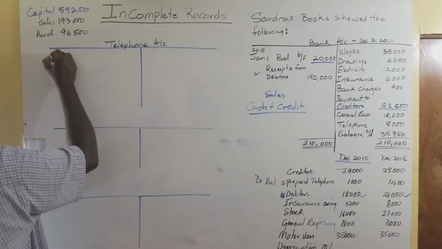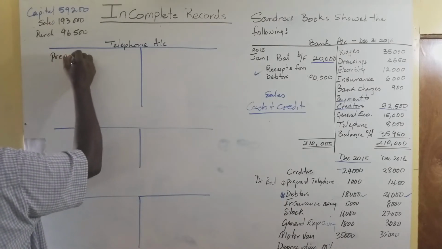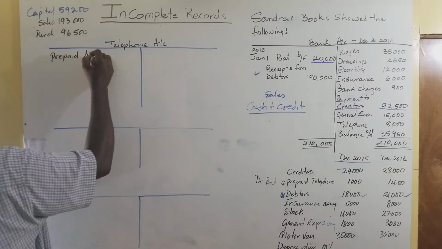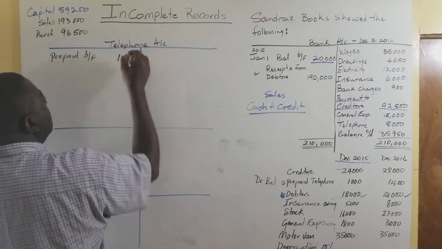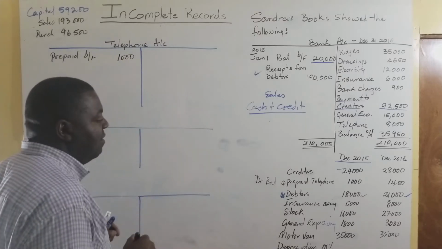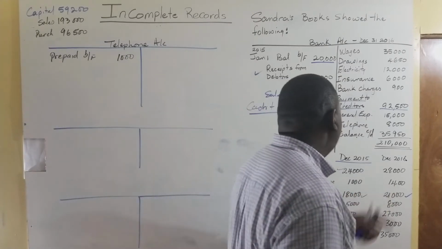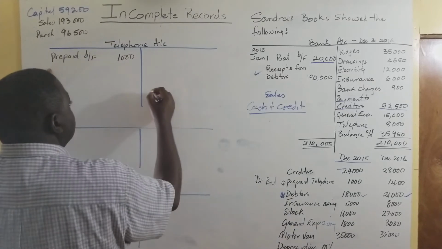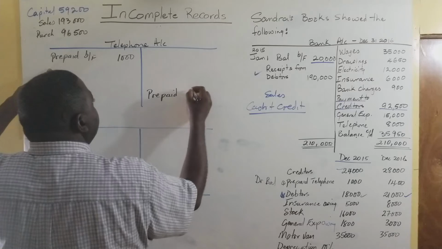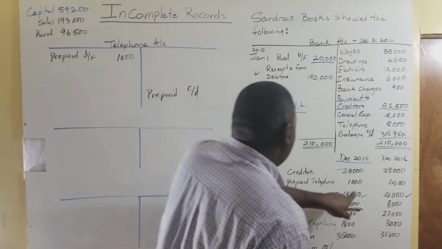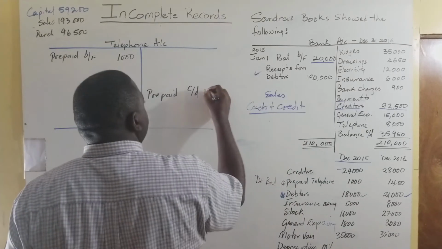So it is going to be prepaid, brought forward of 1,000. As I said, we use what we have and enter it first. We know the closing, so we can put that in right away as well. Prepaid CD, and the closing is 1,400.